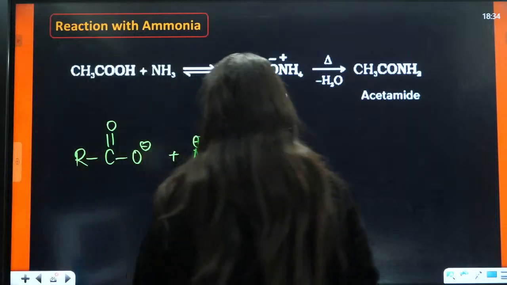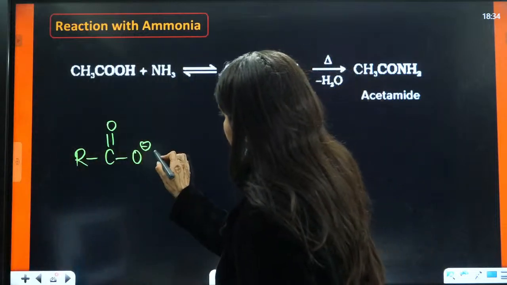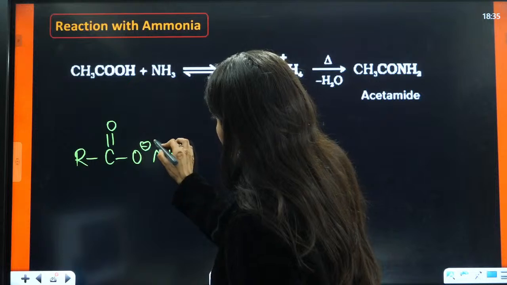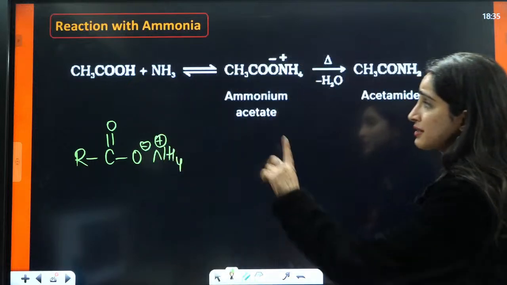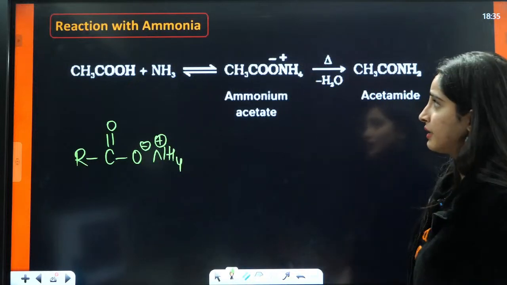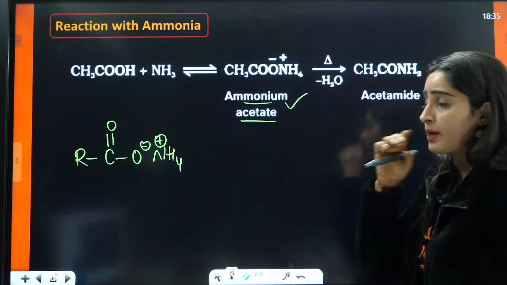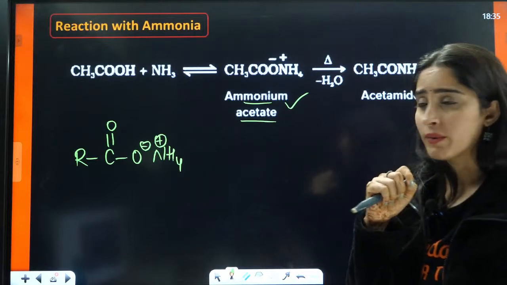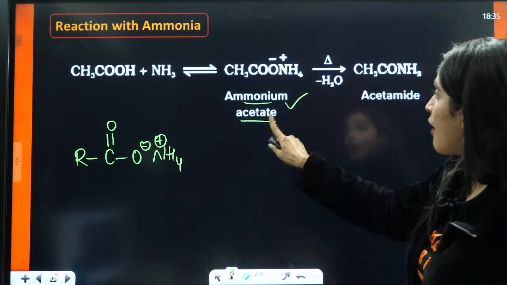Now this is negative and this is positive, so they will form a bond here. This is called ammonium acetate. I told you how this is formed.